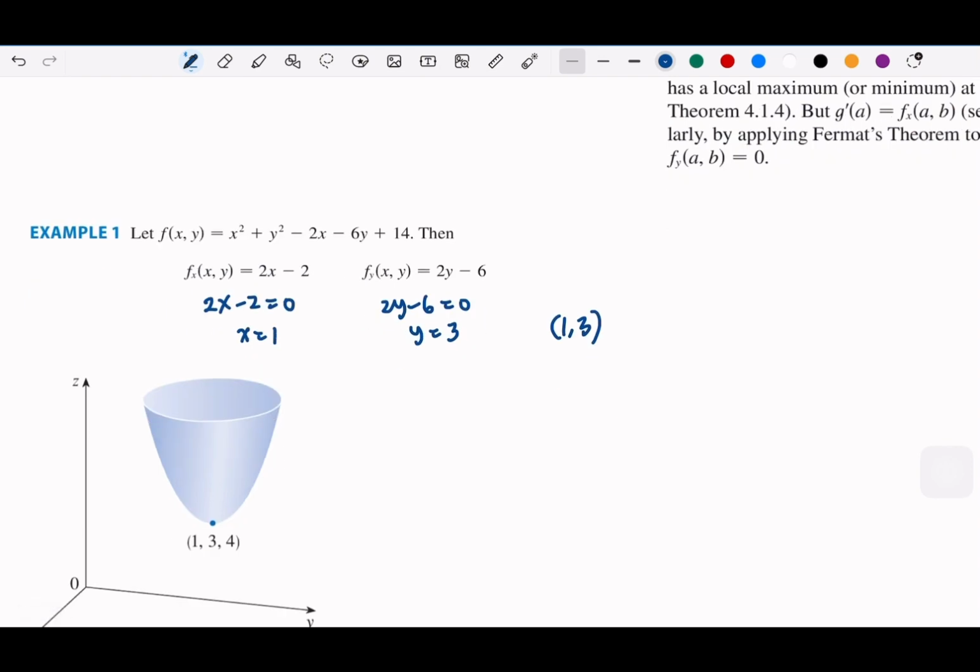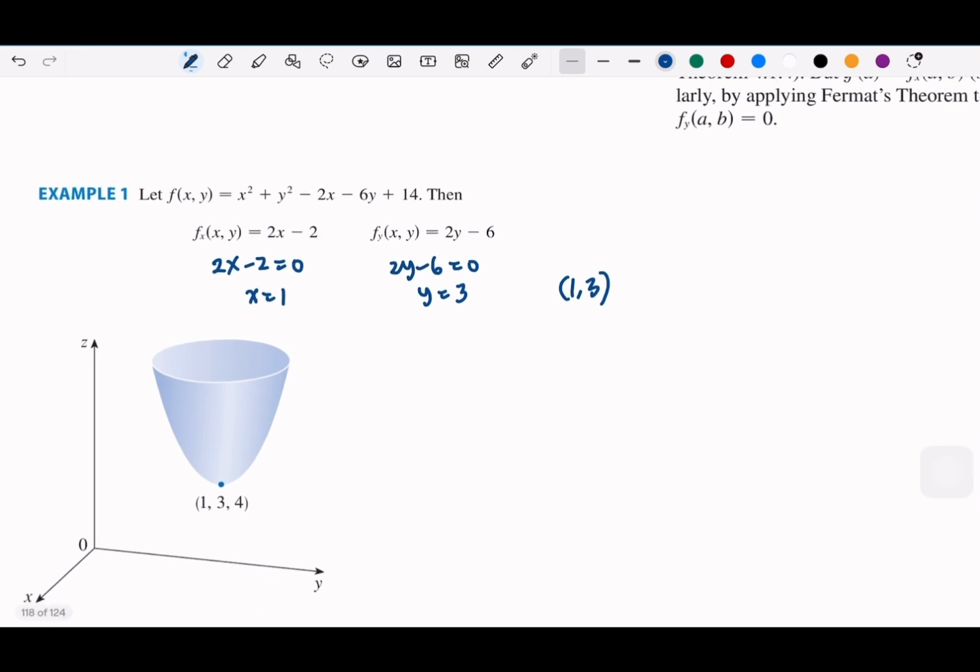You see this point here, as this is going to be the local minimum value. But if you are not given the picture, you can also try to compute this 1, 3 into the function and see what it will be.